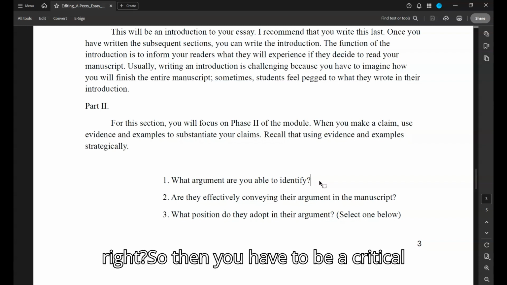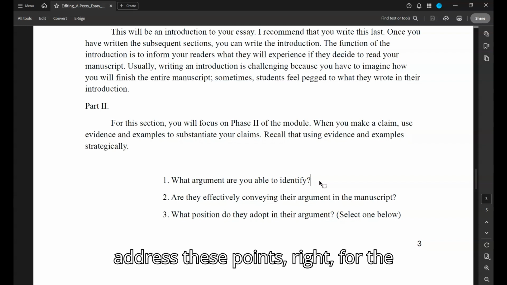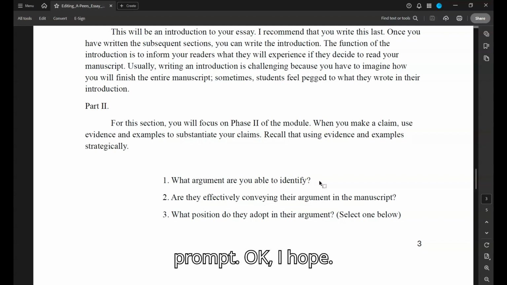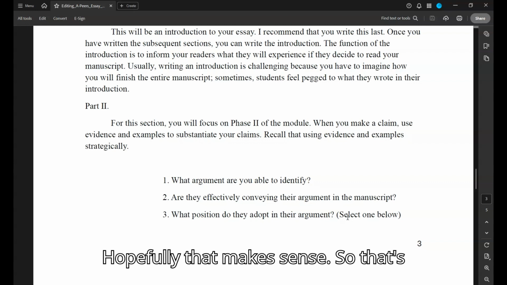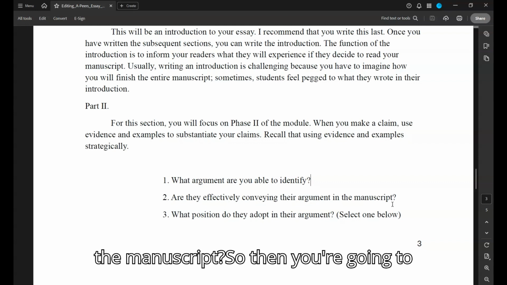You have to be a critical reader to address these points for the prompt. Hopefully that makes sense. So that's going to be one paragraph, and the second paragraph is: are they effectively conveying their argument in the manuscript?